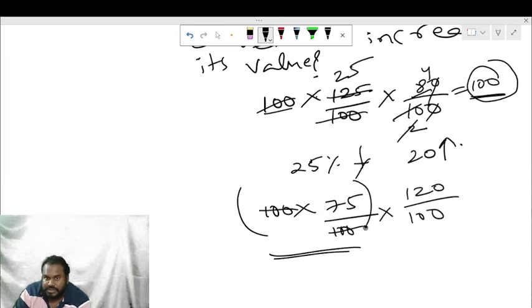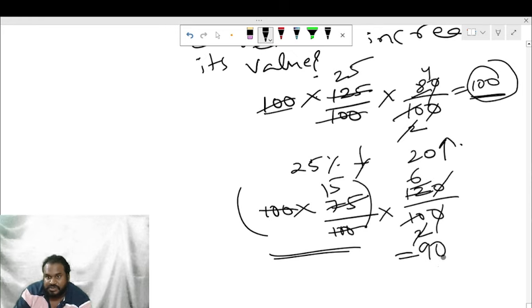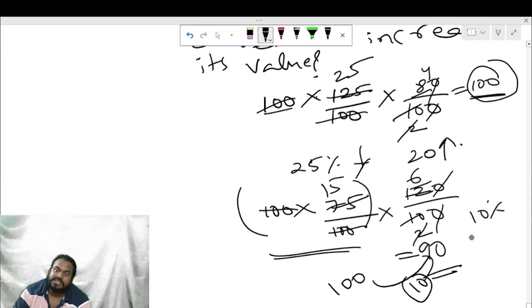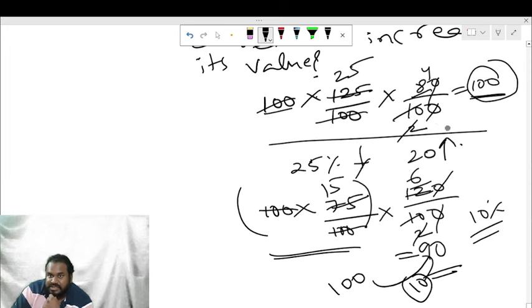What will you get? 5 twos are 10, 5 fifteens are 75... 15 sixes are 90. So it means initially it was 100, now it became 90. How much is reduced? 10. It means it is decreased by 10%. So if it is asked like this, you will get the same value. If it is asked like this, you will get a 10% discount.